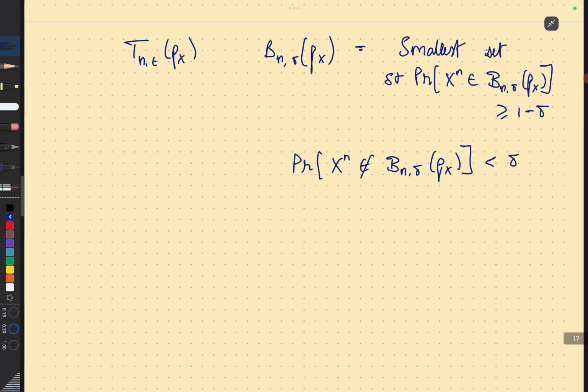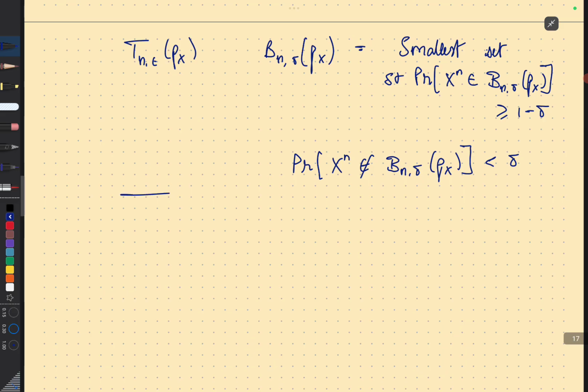And how do you construct this set? You basically list all of the sequences in decreasing order of the probability. And you keep going down this list until the total probability is at least 1 minus delta. As soon as it exceeds 1 minus delta, you stop.